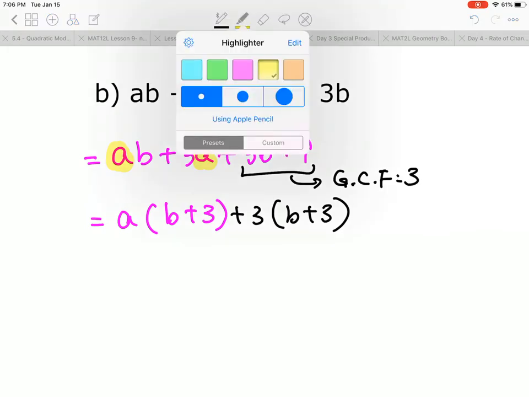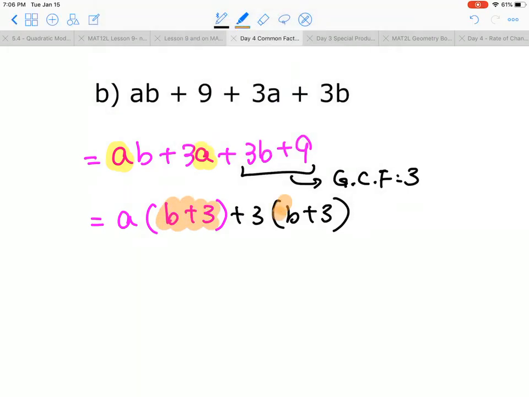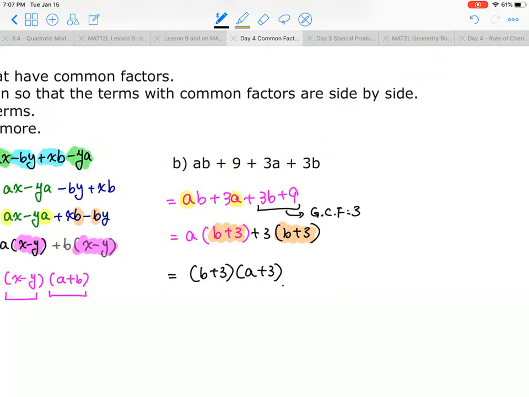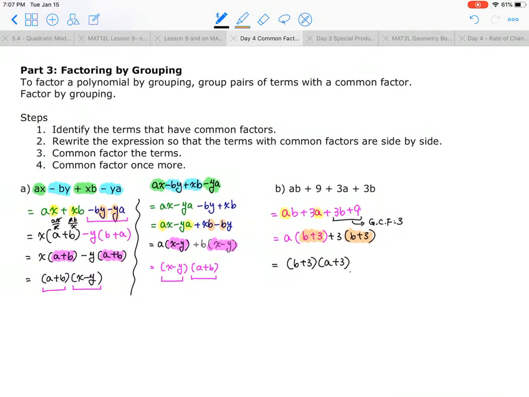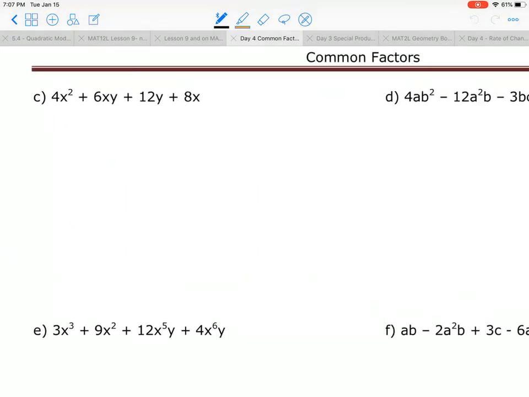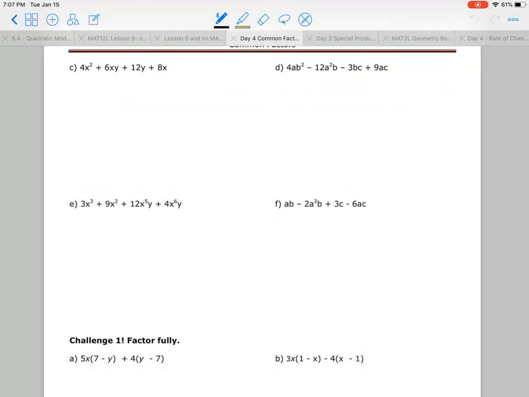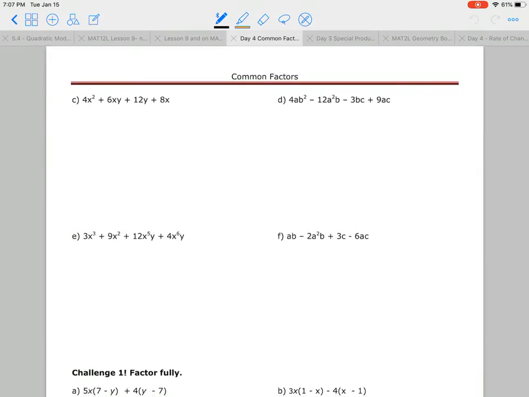And hopefully you notice that B plus 3's are common again like before, like binomial common factoring. So then it becomes B plus 3 times A plus 3. Okay? And if you actually try to pair the AB with a 3B, you will have exactly the same answer anyway. Okay? So I actually want you to try these up to F and see whether you can do it.